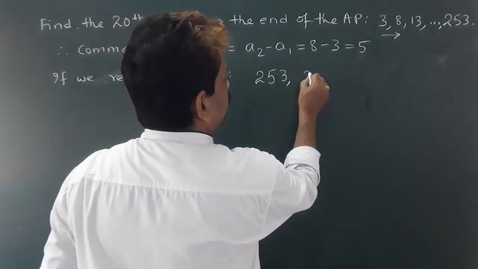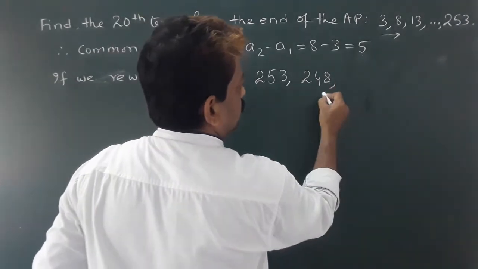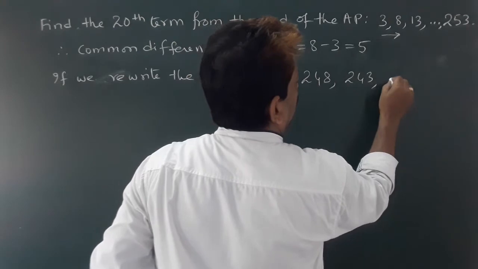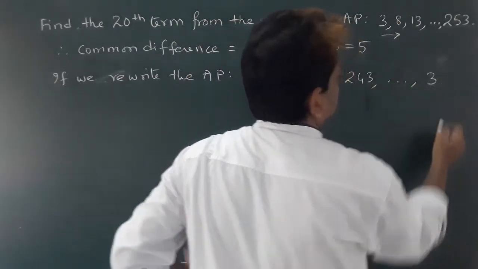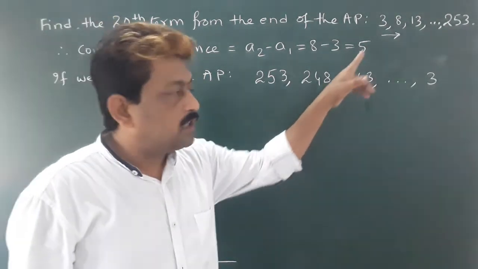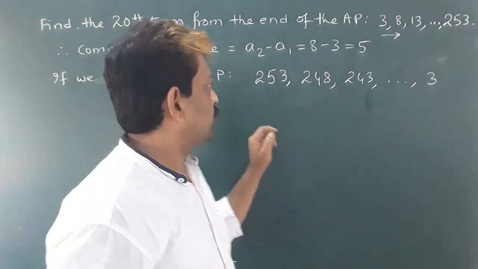So the next term will be 248. 253 minus 5 is 248. Then 248 minus 5 is 243, and so on. It will continue up to 3. Now we have the same AP, but written in the opposite, reversed order.